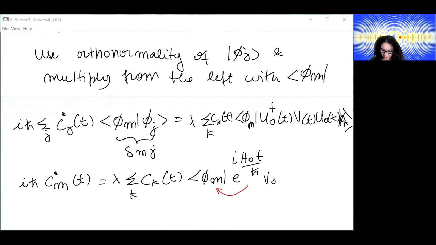So V(t) U naught, which I'm going to write also as e^{-iH0 t/h-bar} phi_k. So I'm going to apply this to the right.